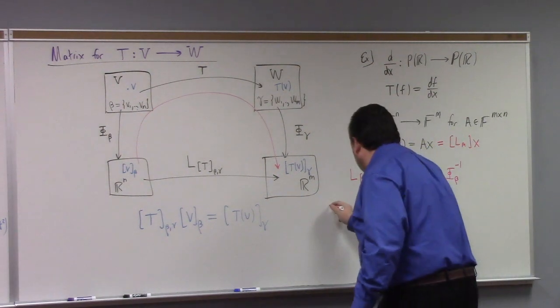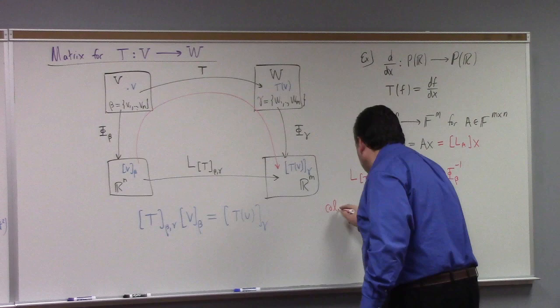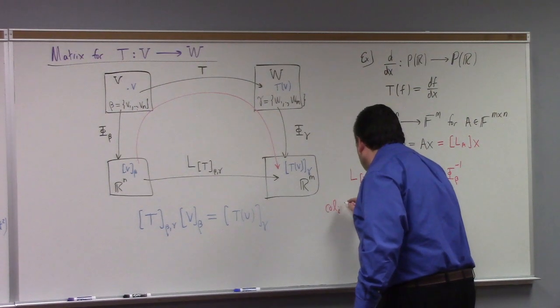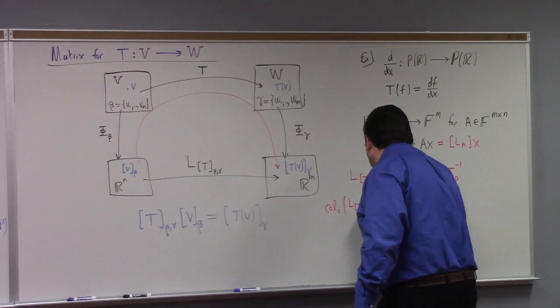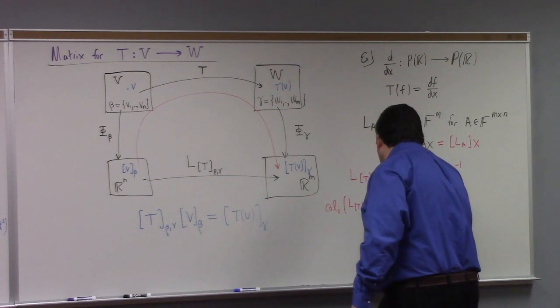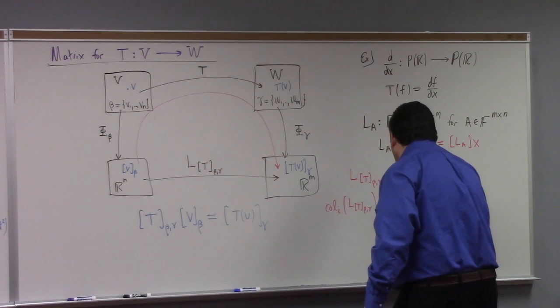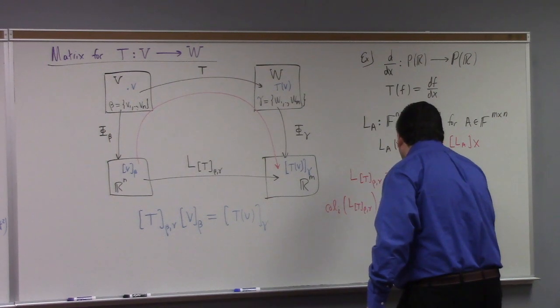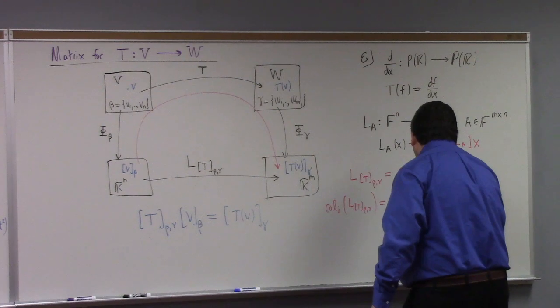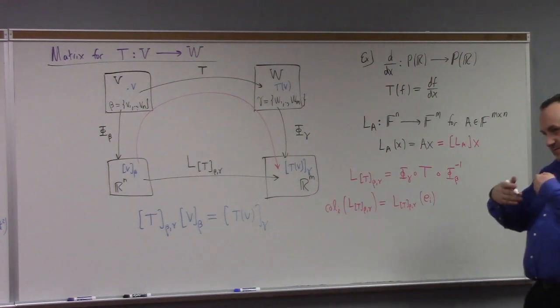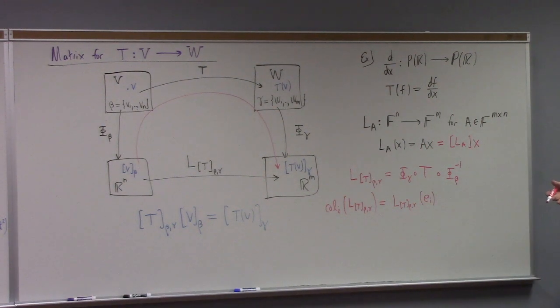Let's say column i of the standard matrix of this would be nothing more than L of T beta gamma acting on e i, right? You feed the standard basis into the linear transformation. That tells you the corresponding column of its matrix, right?